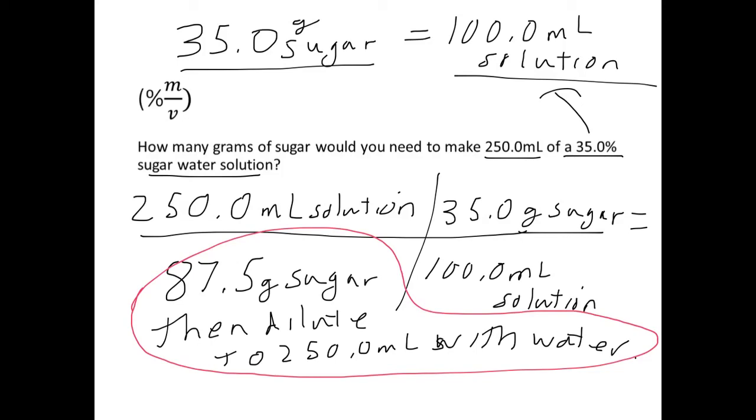This is how the answer is phrased, right? Because that volume of solution does not necessarily equal the volume of solvent. So you never measure your volume of solvent. You measure your solute and dilute to the volume of the solution. I know I'm beating a dead horse here.